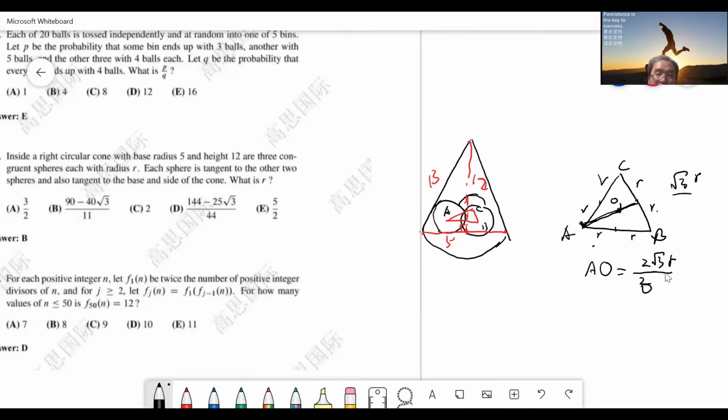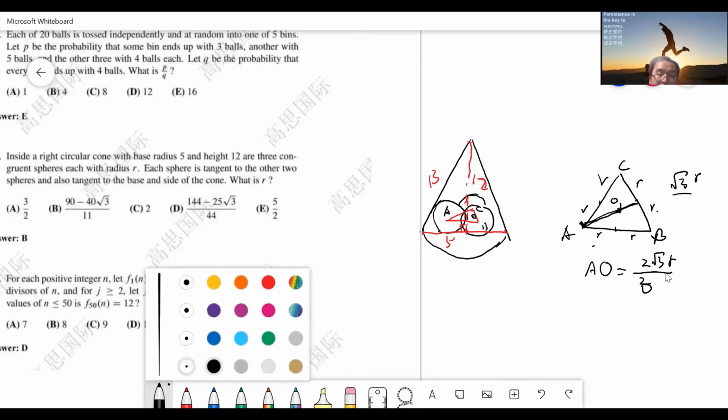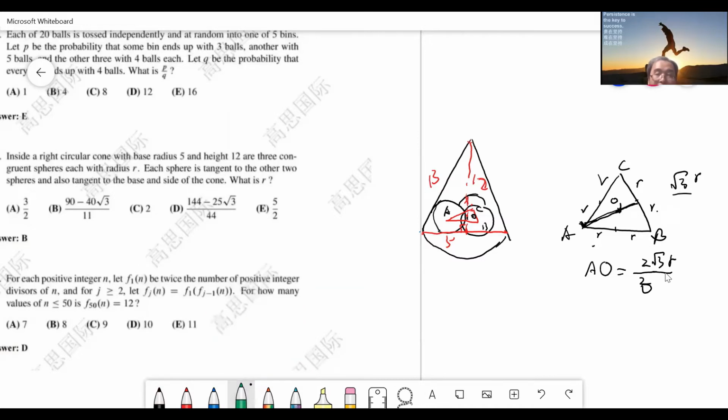So AO is equal to 2 square root 3 over 3 r.